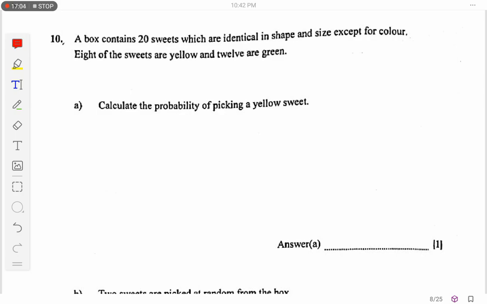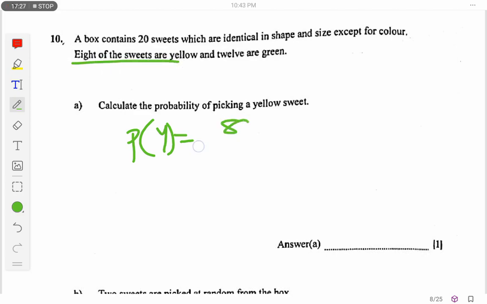We have a box of 20 sweets. These are identical in shape and size except color. 8 of the sweets are yellow and 12 are green. Calculate the probability of picking a yellow. So the probability of yellow, we can say is equal to yellow, we have got 8.